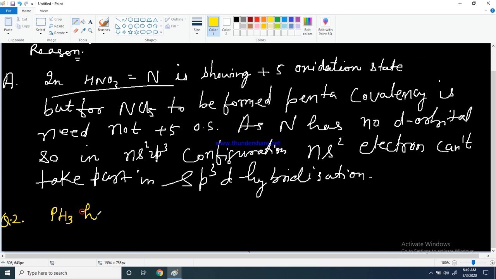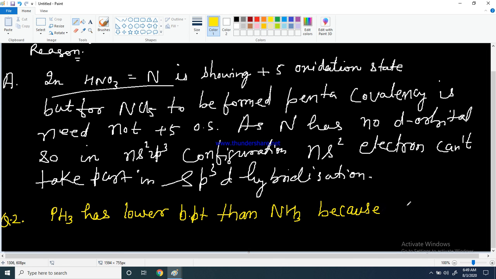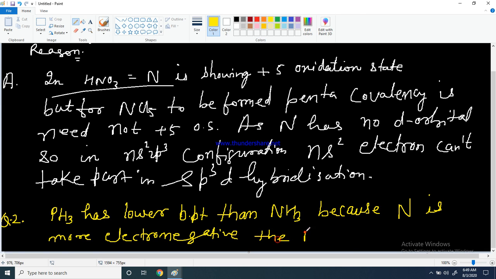PH3 has a lower boiling point than NH3 because nitrogen is more electronegative than phosphorus.